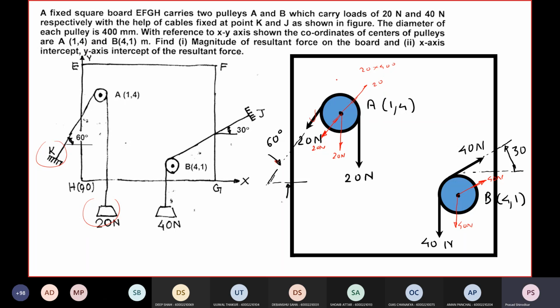Similarly, when I transfer the other 20 Newton force and resolve it into a force couple system, again this 20 Newton force will form a force couple system, and the magnitude of that will again be 20 into 400 because the diameter is the same, and it will be opposite to the earlier couple, right? This will be in clockwise direction. So this is 20 into 400 counterclockwise and this is 20 into 400 clockwise. So they will cancel each other. That is why I can directly transfer the forces to the center. I hope everybody has followed that. Okay. All right. So let's continue.